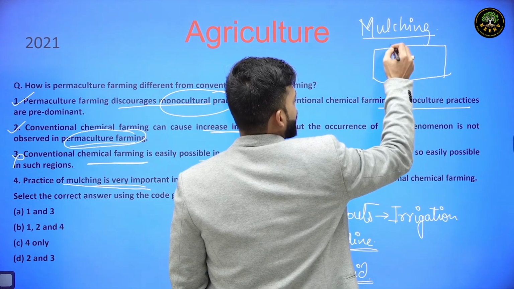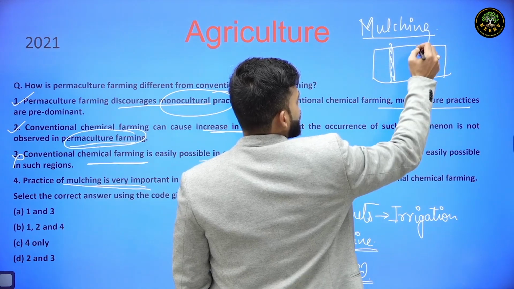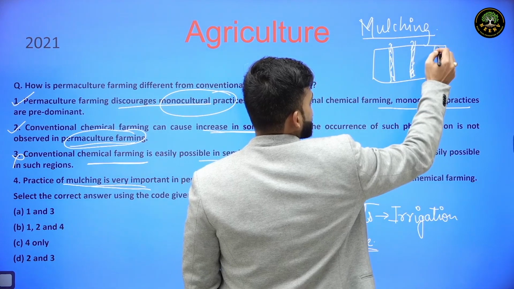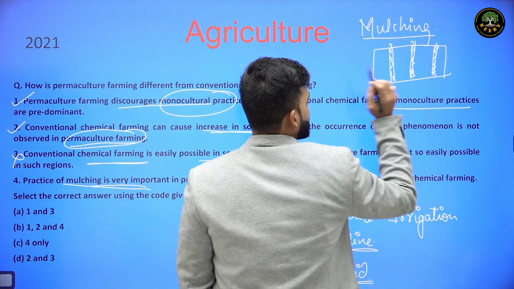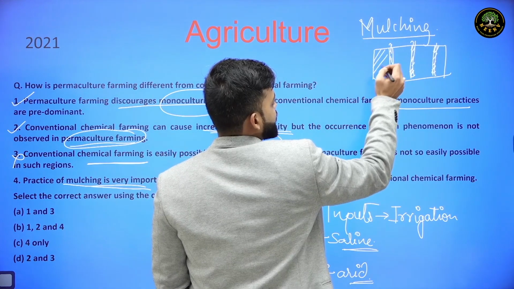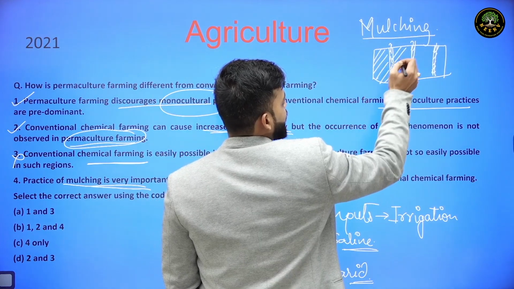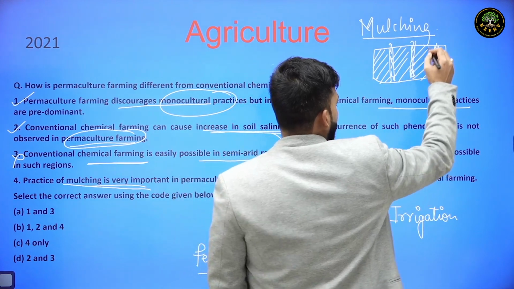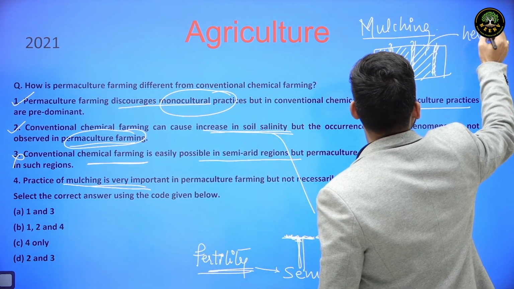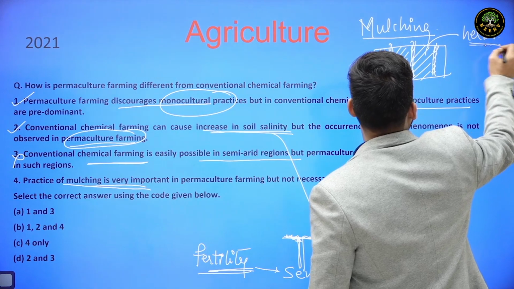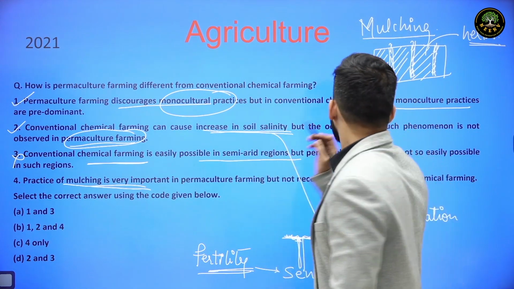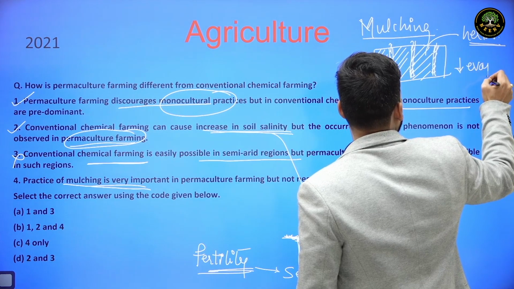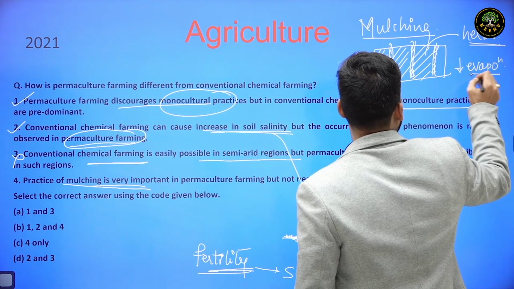Suppose in this layer crops are grown, this is the crop rows, then we cover this additional layer with either leaves or farm residues to inhibit the growth of herbs as well as to decrease the rate of evaporation, so that soil becomes less saline.